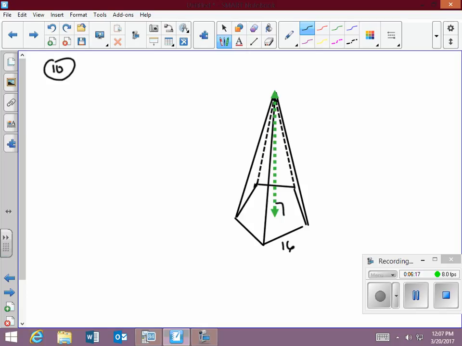So if you go this perpendicular distance from here out, that distance right there would be 11.